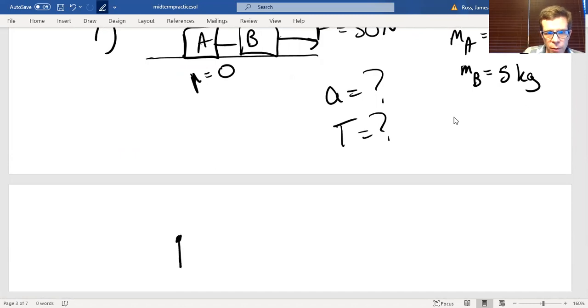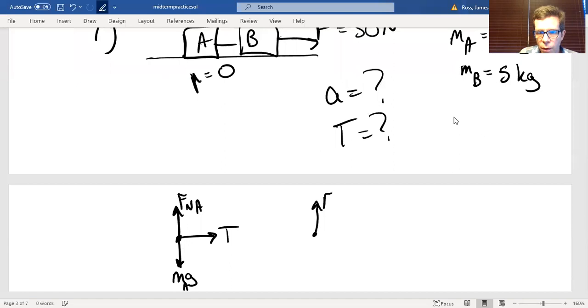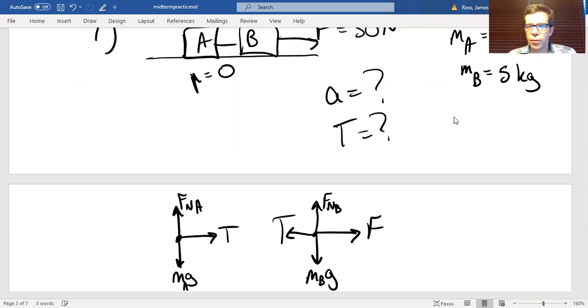If we look at A, we have mg on A. We have normal force on A, and we have a tension. If we look at B, we have normal force on B, mB times g, tension in the opposite direction because the cord is connecting the 2 blocks, and then the applied force to the right.